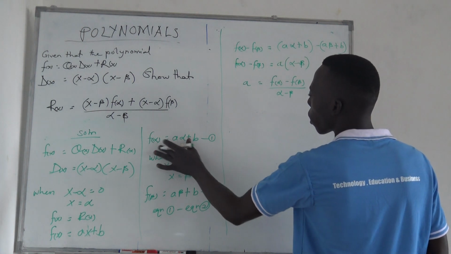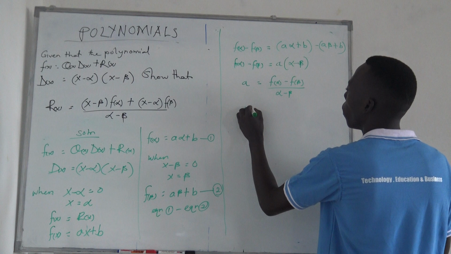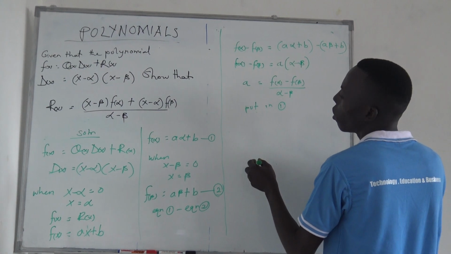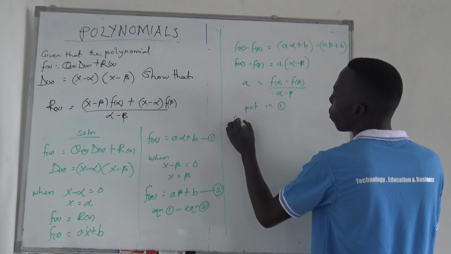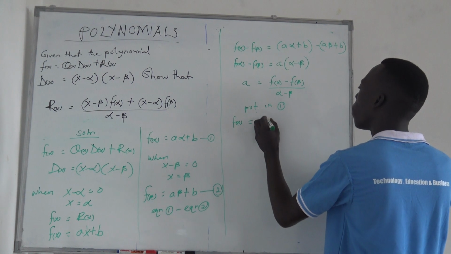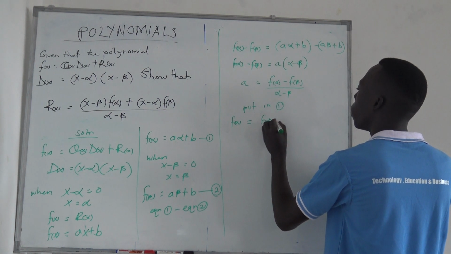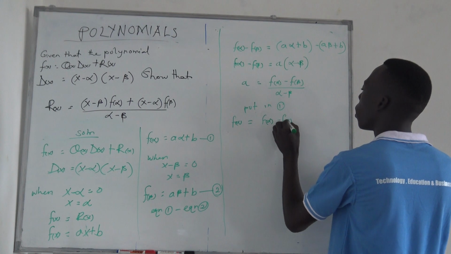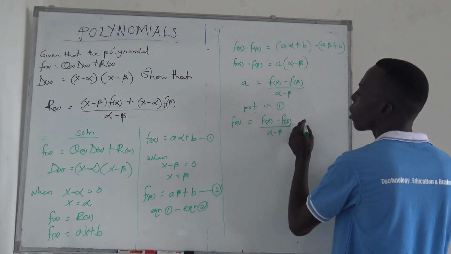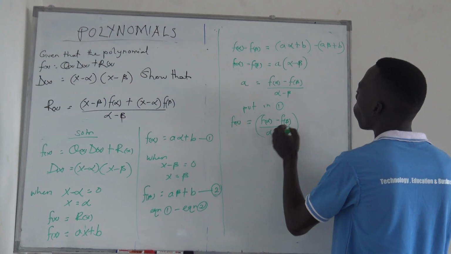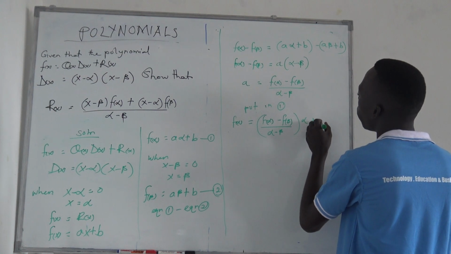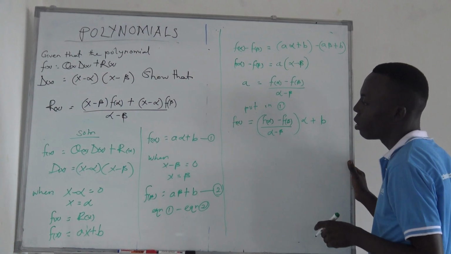Let us put it in equation 1. So it will be f of alpha equals the value of a, which is f of alpha minus f of beta out of alpha minus beta, times alpha, plus b.